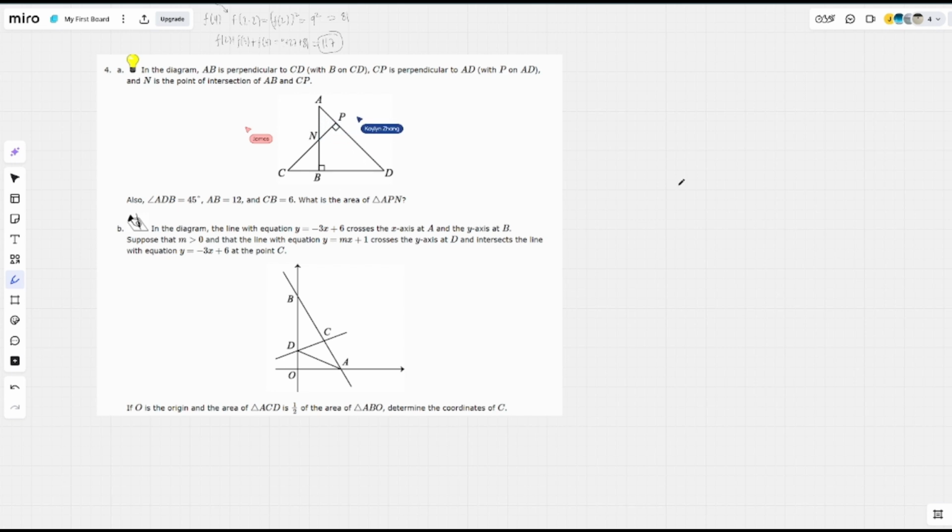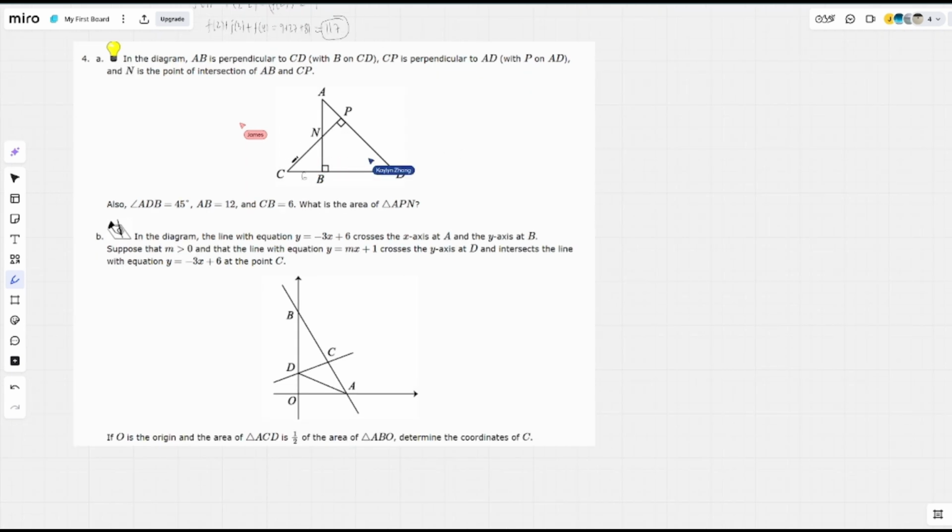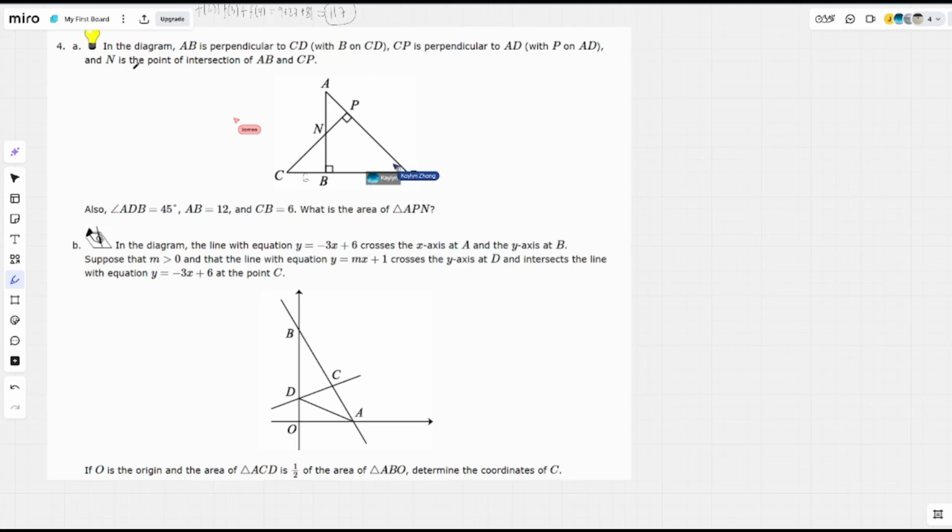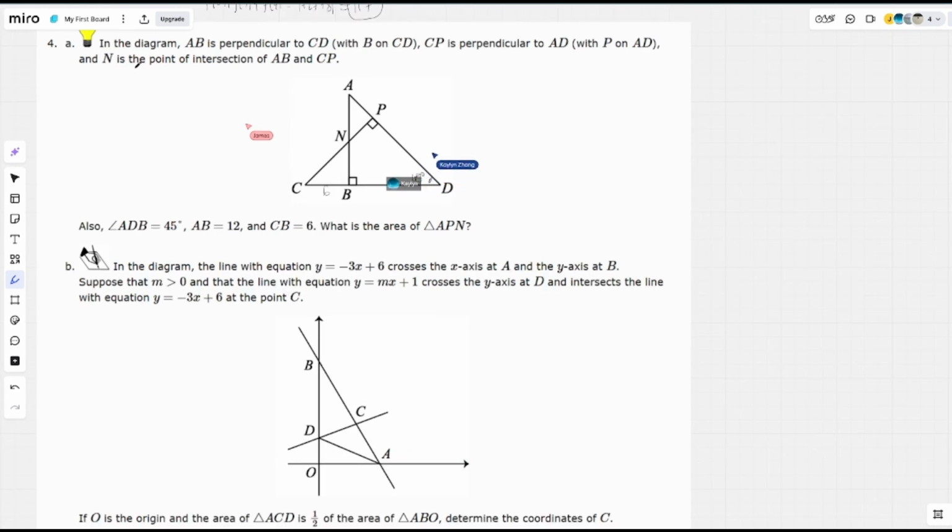Okay, so first we know that CB is equal to 6, so we can label that. And angle ADB, which is this angle, is equal to 45 degrees.